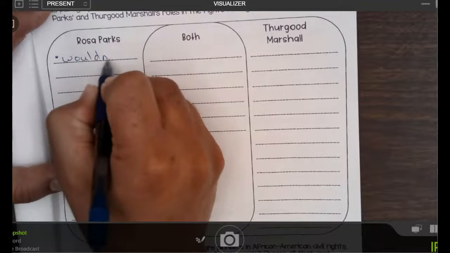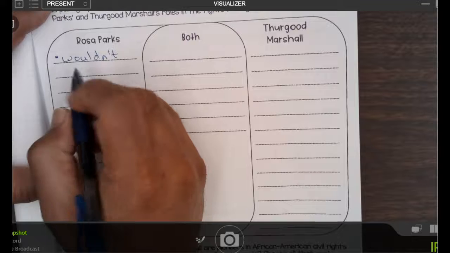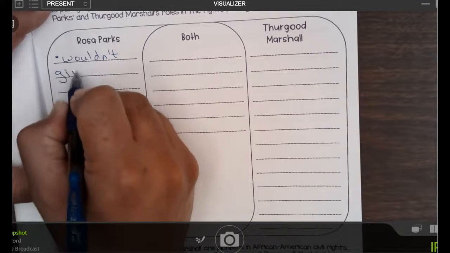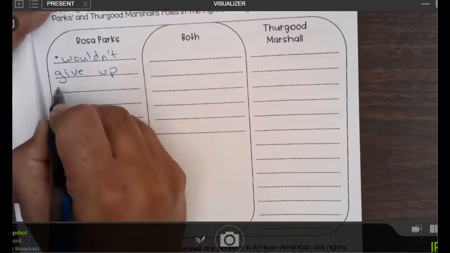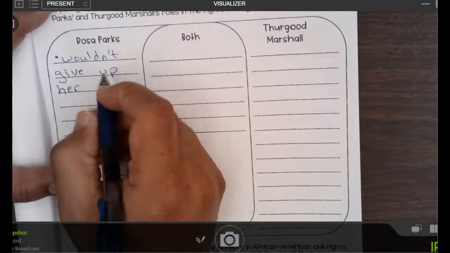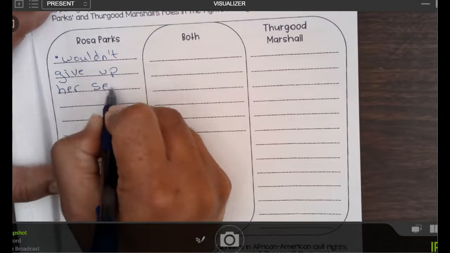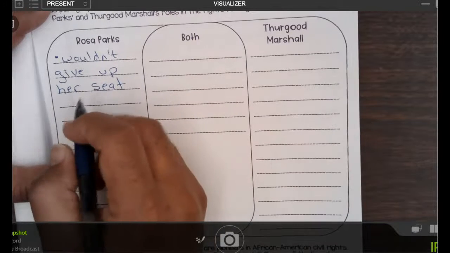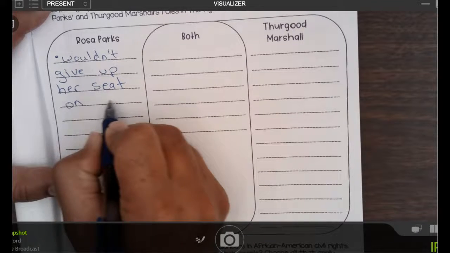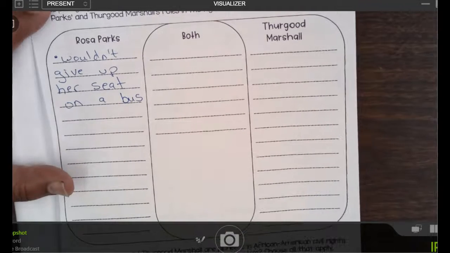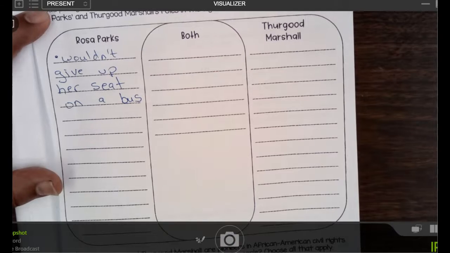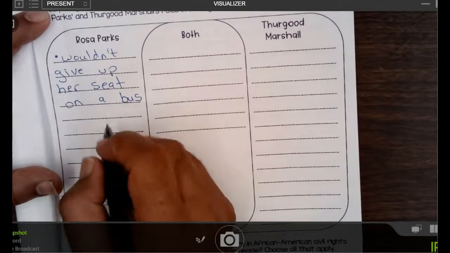So she wouldn't give up her seat on a bus. What was the result of that? What happened to her because she didn't do that? Allison? She got arrested.